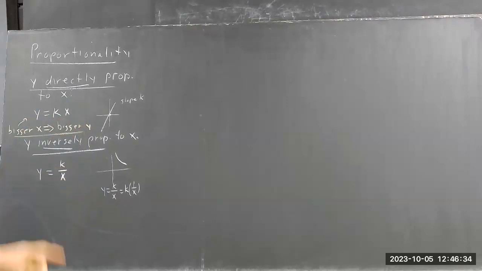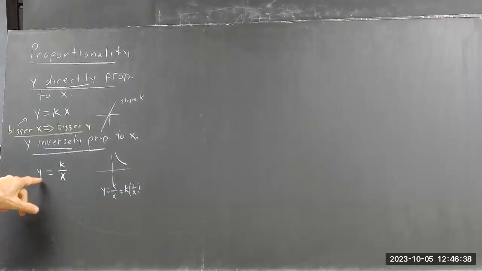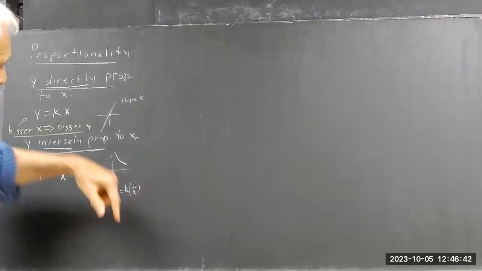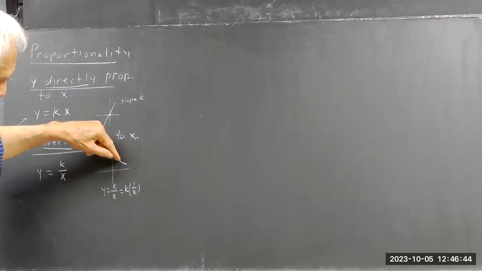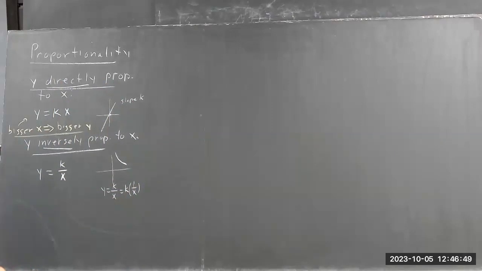It gets smaller because you're dividing by a bigger number. The bigger number you divide by, the less you're going to get. And also the graph. As X gets bigger, you follow the curve along like this, and Y keeps getting smaller. Again, greater or lesser is the better word mathematically, but trying to stay sort of intuitive here.